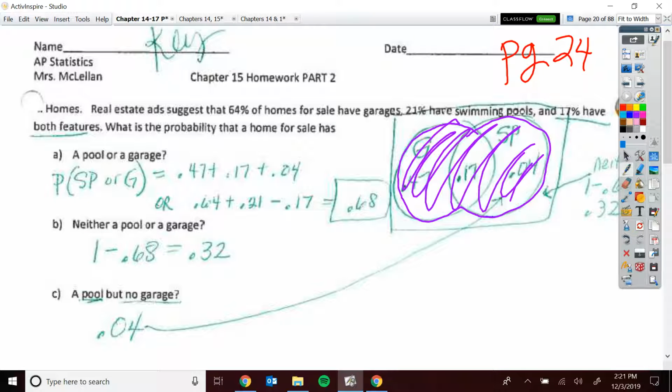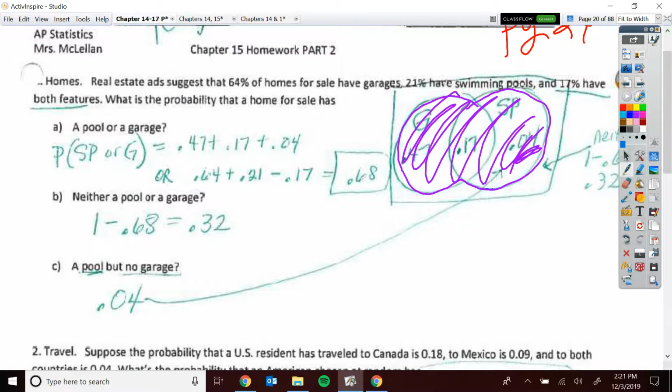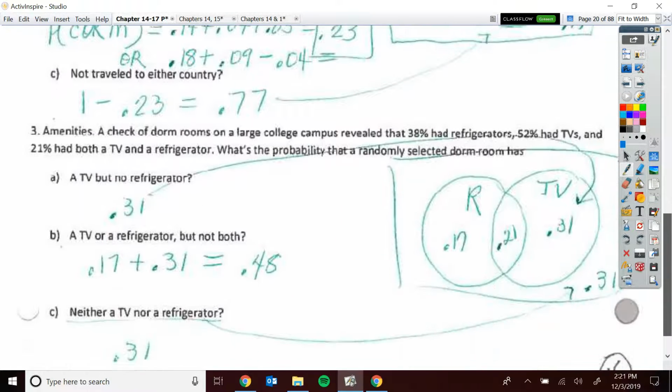And then that's point 32, and point 04 is this little piece here. All right, here's the next Venn diagram. You can check that there. Got your point 14, point 04, point 05, so on. 0.77 go into neither.